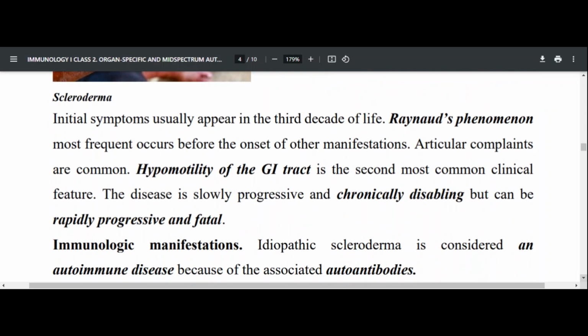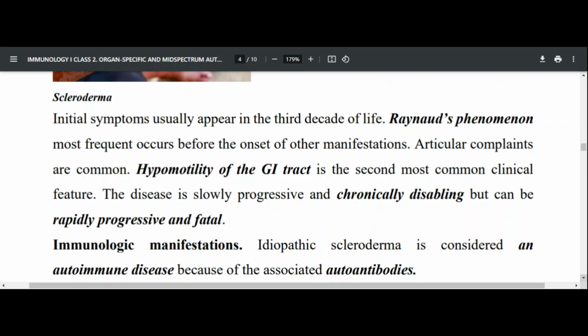Initial symptoms usually occur later in life, and Raynaud's phenomenon most frequently occurs before the onset of other manifestations, but articular complaints are very common. Hypomotility of the GI tract is also a common feature, meaning bowel movement is very low.